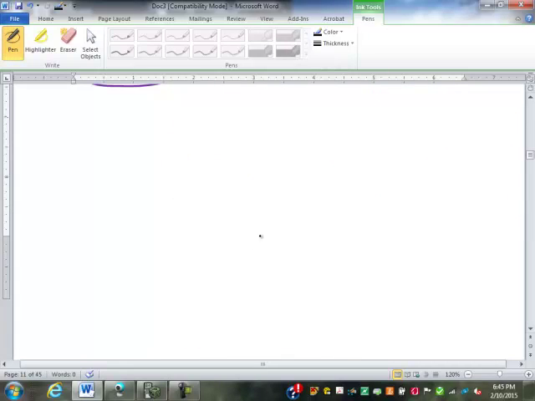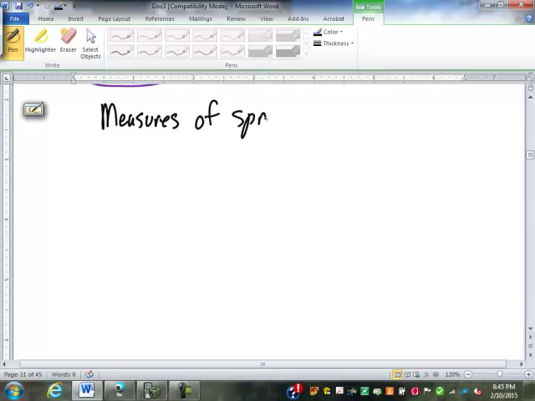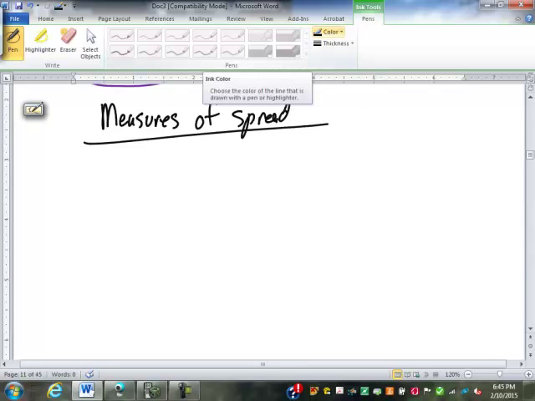Well, the next thing we need to discuss are measures of spread. Again, how wide that curve is, how spread out the numbers are in our set of numbers.